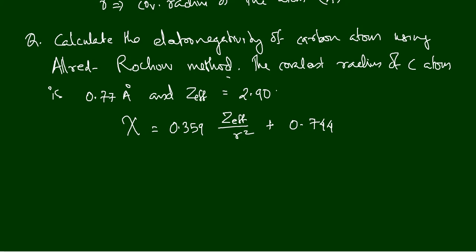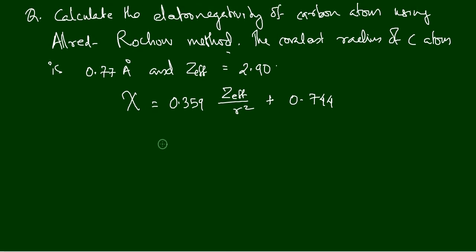That's what we are going to calculate. So let us substitute for the values of Z effective and R square in this equation. Then we get 0.359 into Z effective in this case is given as 2.90, right?